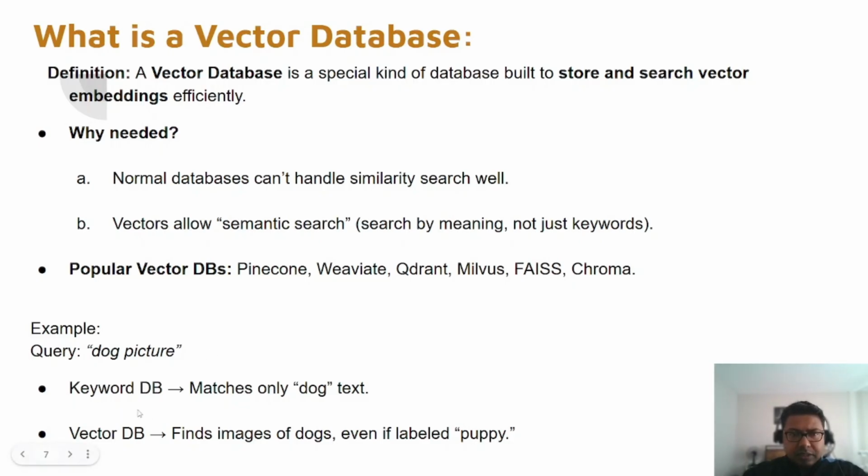A keyword DB, meaning all our other databases, will do keyword search. It will match only the text dog, so it will give us only dogs. But a vector DB will do similarity search, and it will find images of dogs even if labeled puppy. Puppy is similar to dog, right? So it can even find puppy using vector DB search.